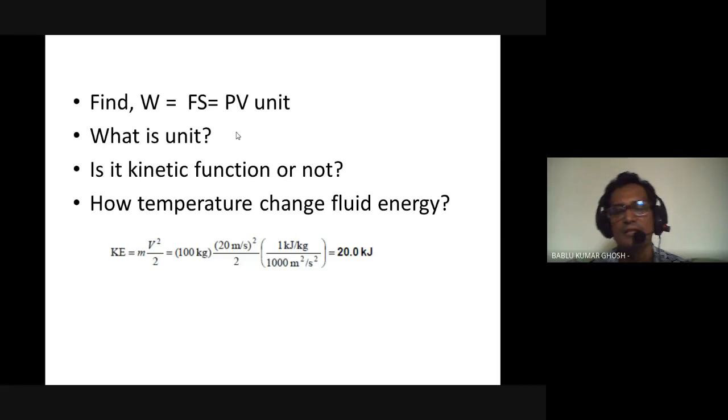Kinetic energy itself is in joules, but it is on the kilo scale because it is more than 1000. That's why it is written as 20 kilojoule. So this is the simple way we consider kinetic energy.